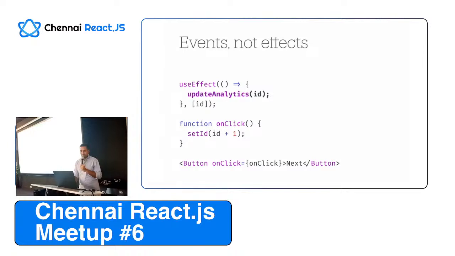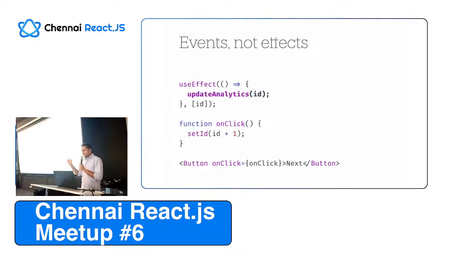The problem is the update analytics, think about when that's being called. So the lifecycle is you have a button, the user clicks on that button, the event handler runs, state updates, the component re-renders, and then the effect fires.